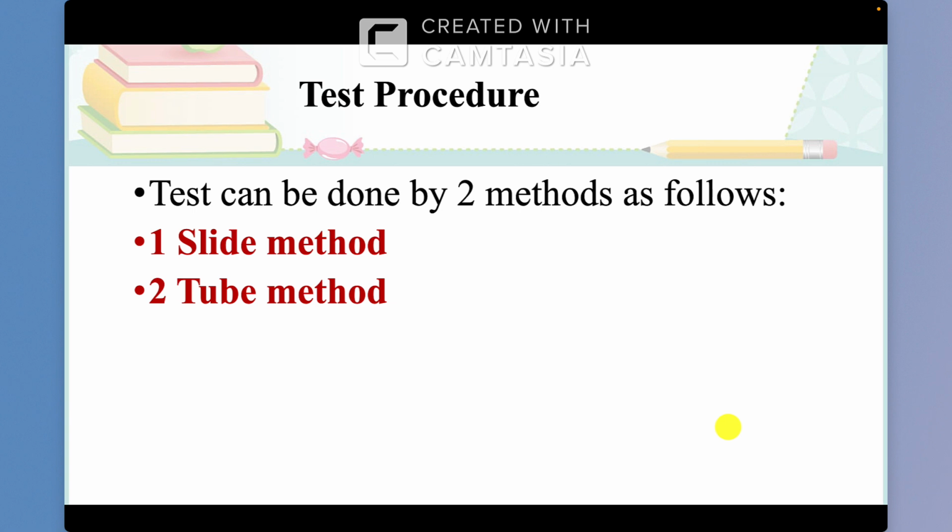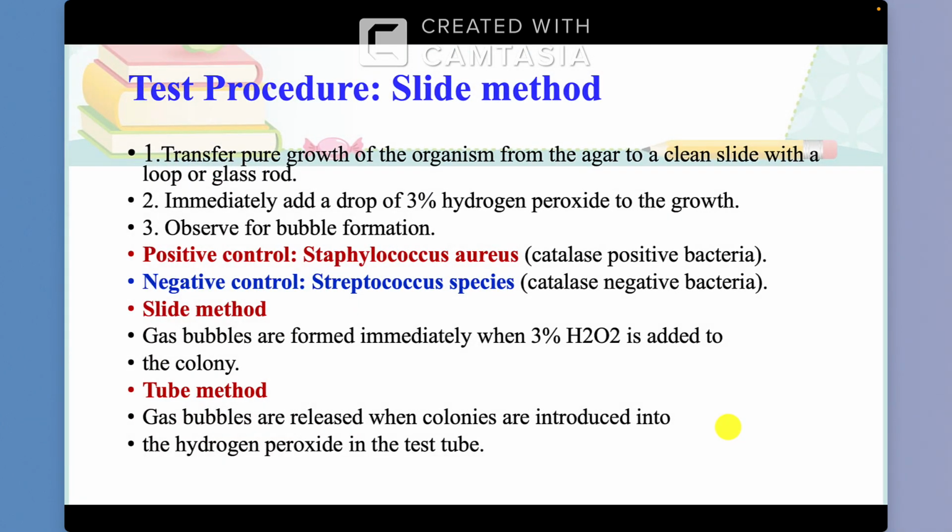We have two types of test: slide test and tube test. The slide test is very easy to do. I take hydrogen peroxide, drop it on a microscopic slide, take one small colony with the loop, and put it in this drop of hydrogen peroxide.